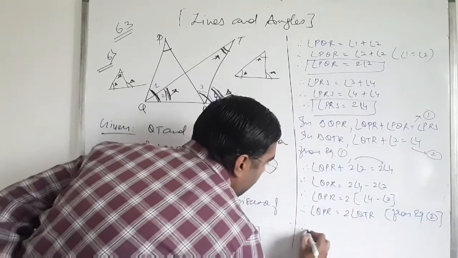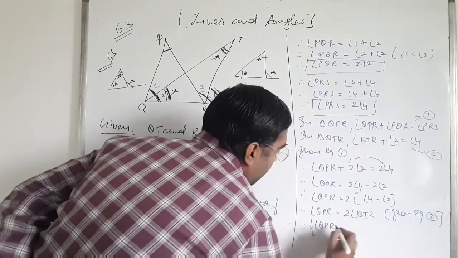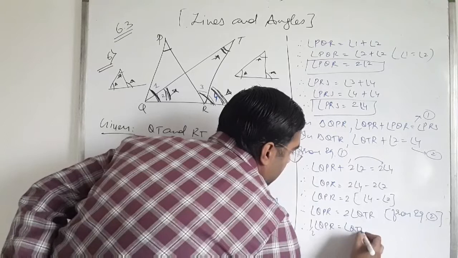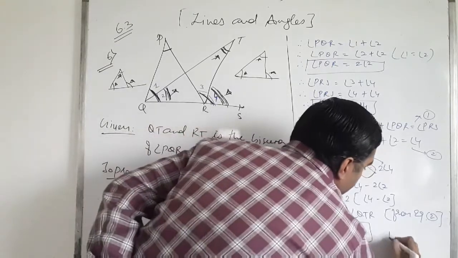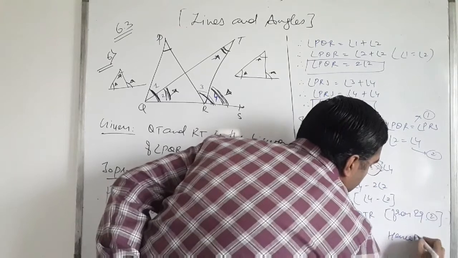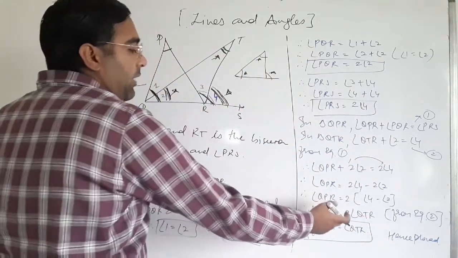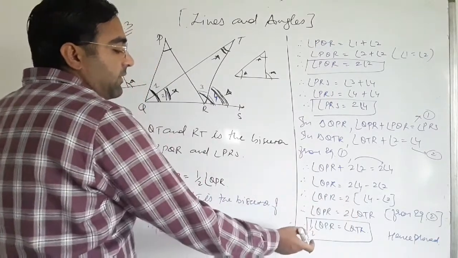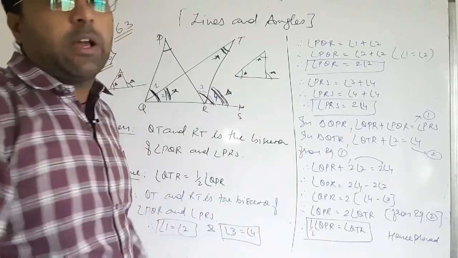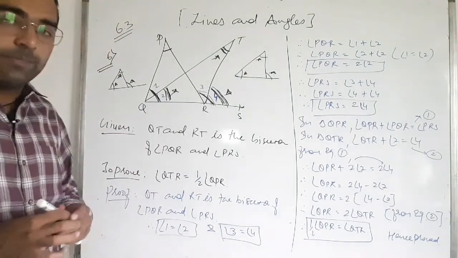Therefore half of angle QPR is equal to QTR, hence proved. Now this 2 is multiplied with QTR, so shifted to the second side it makes a half of QPR. Clear? Please note down this question.